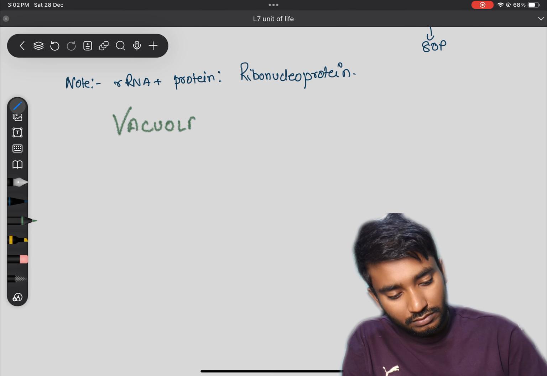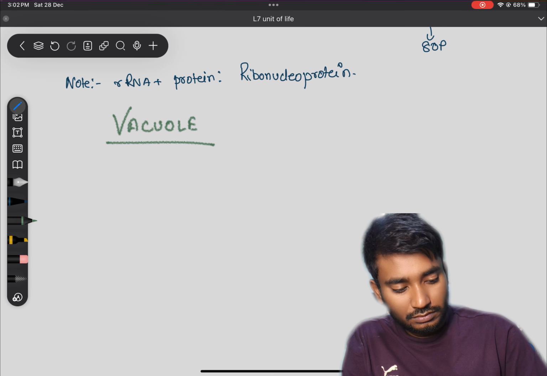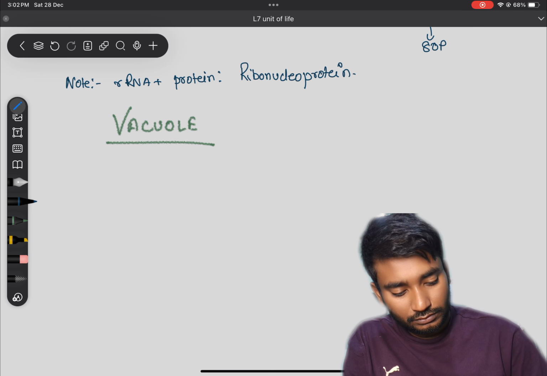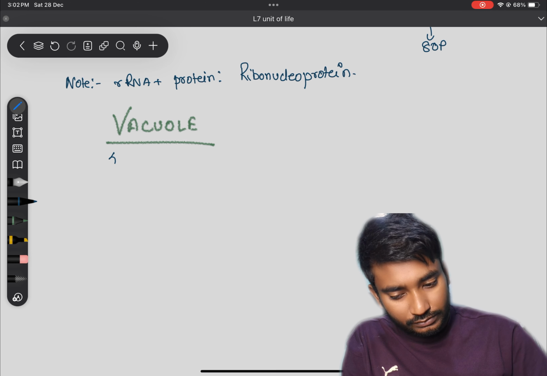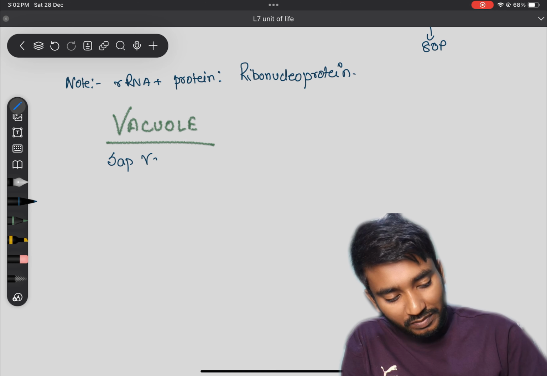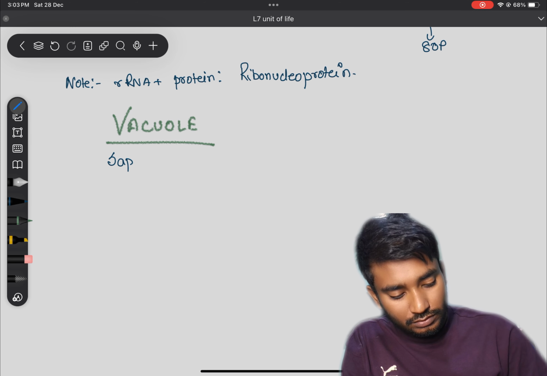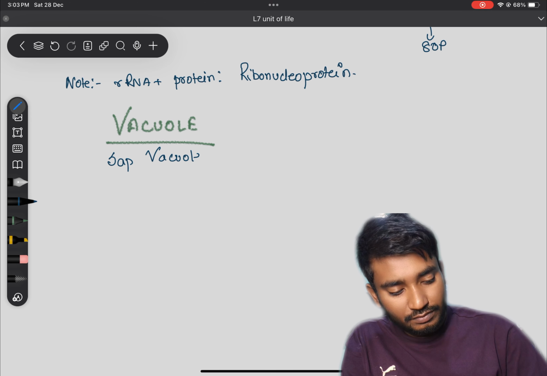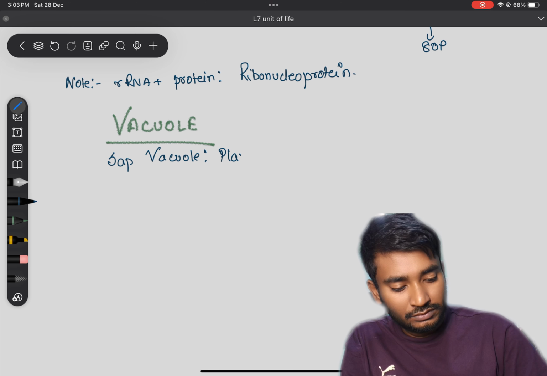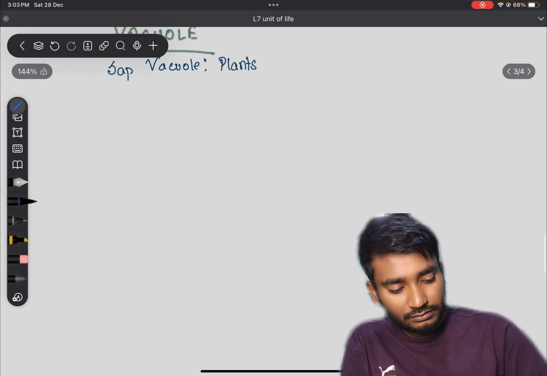Now we come to vacuole. It is also called the sap vacuole in plants.